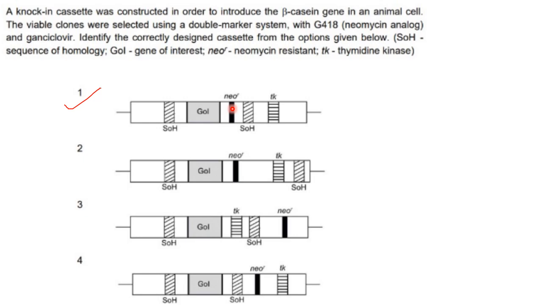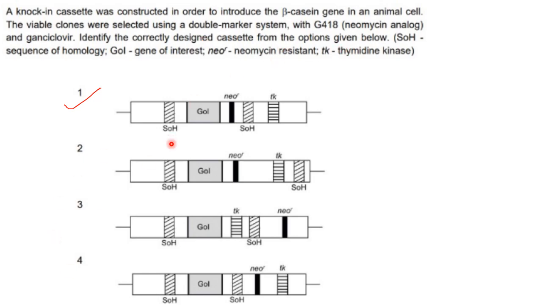This is the positive selection marker, and both should be flanked by the sequence of homology. Whereas ganciclovir is the negative selection marker. It should be present outside the sequence of homology, that is represented by TK, thymidine kinase. So here the question is to identify the correctly designed cassette from the options given below.